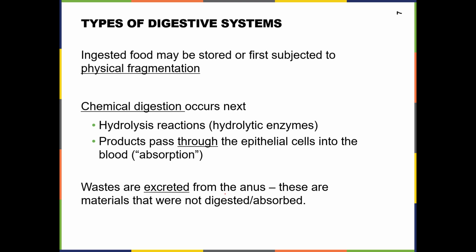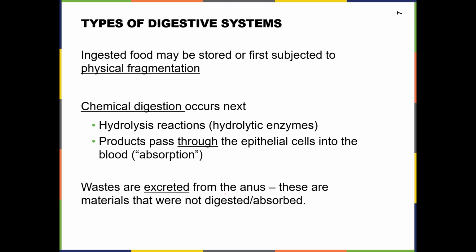But typically there has to be some kind of physical fragmentation before or after the movement of the food further down into the body. But at some point then there's chemical digestion. So that's hydrolysis reactions, which you'll recall from 1406 biology. So the hydrolytic enzymes break the glycosidic bonds that exist in carbohydrates.